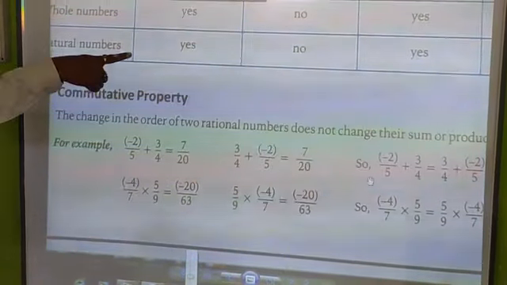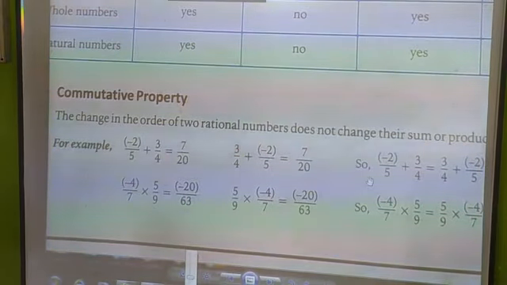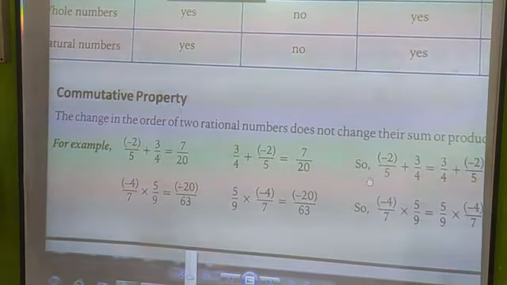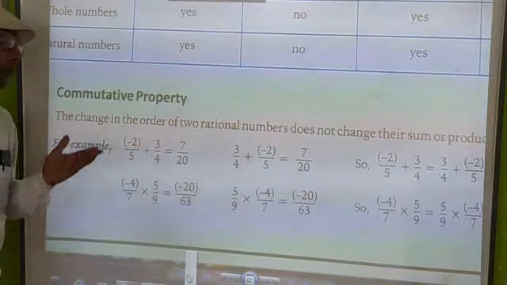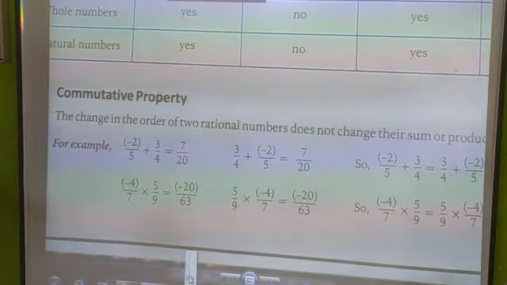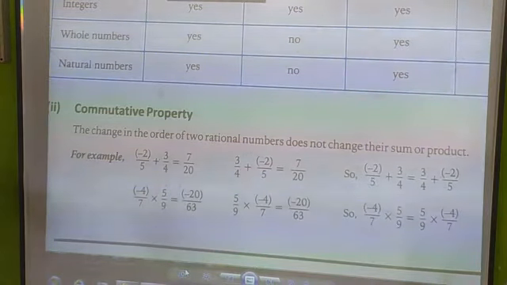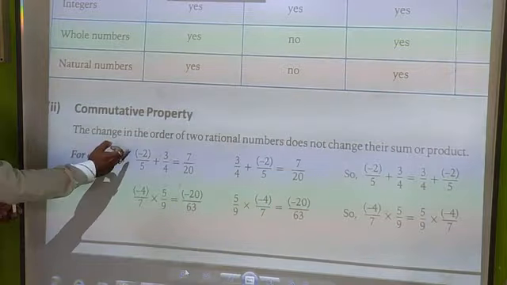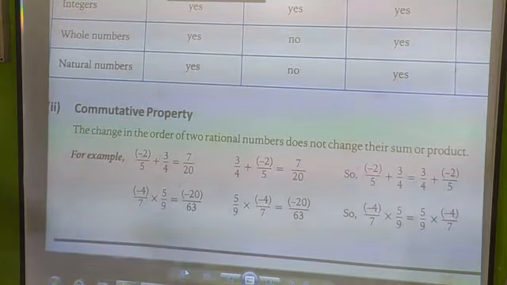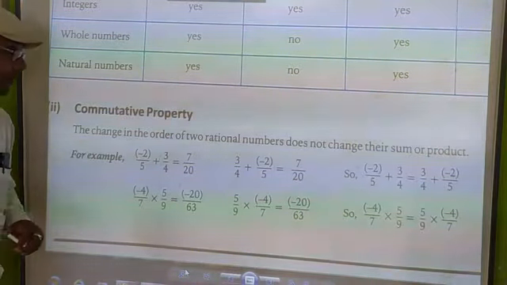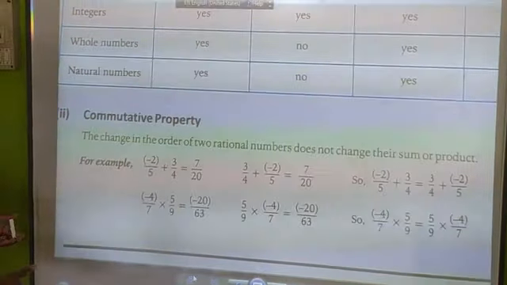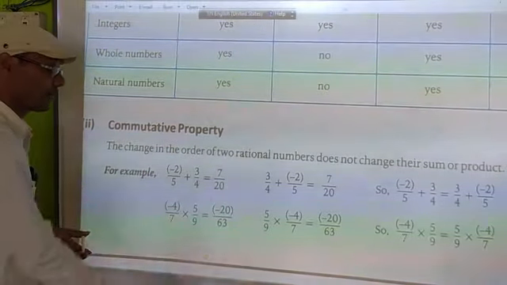In the case of subtraction it changes, but in the case of addition, sum or product, both come the same. Suppose minus 2 by 5 plus 3 by 4 gives the result 7 by 20. Change the order, 3 by 4 plus minus 2 by 5 gives the same result.